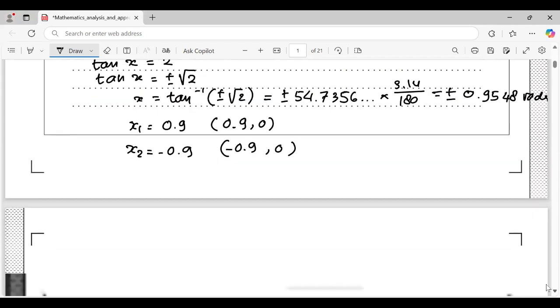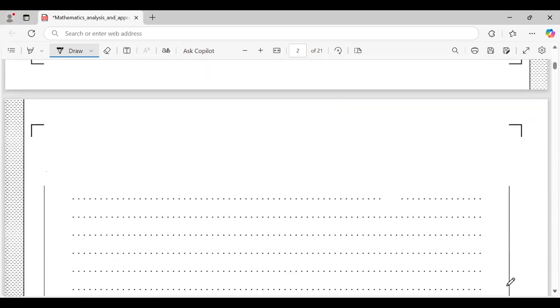Next, the second step is to find the intersection point on the y-axis. We need to set x equals 0.